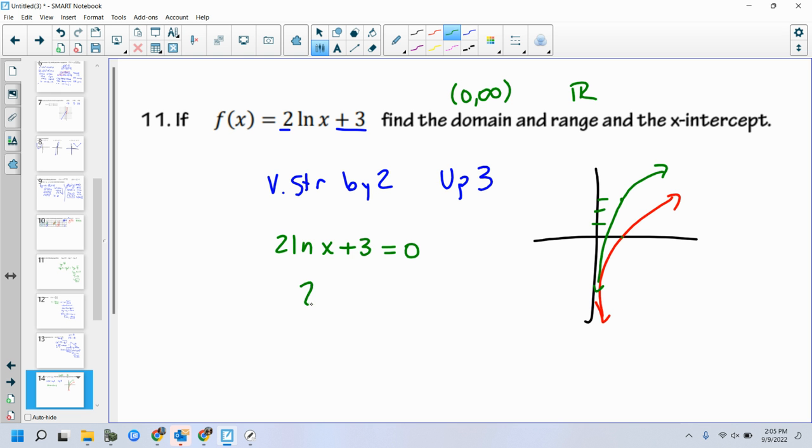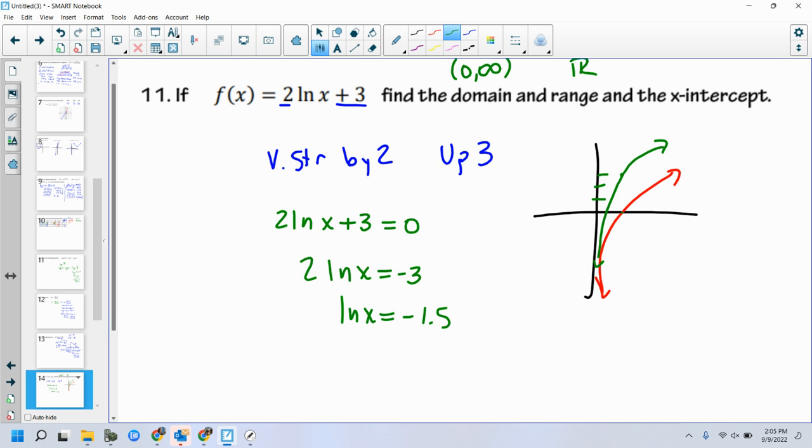Subtract the 3, divide by 2. Now I have to turn it from logarithmic into exponential, so e to the negative 1.5 is equal to x. So, if you were going to get exact, (e to the negative 1.5, 0) is my x-intercept, sorry for my poor handwriting.